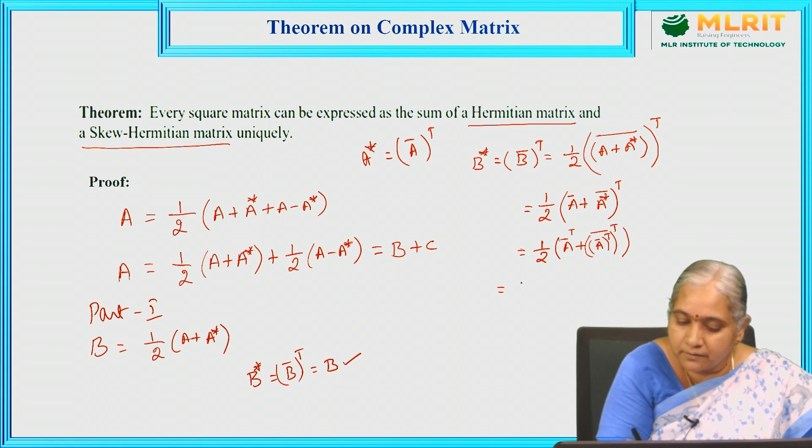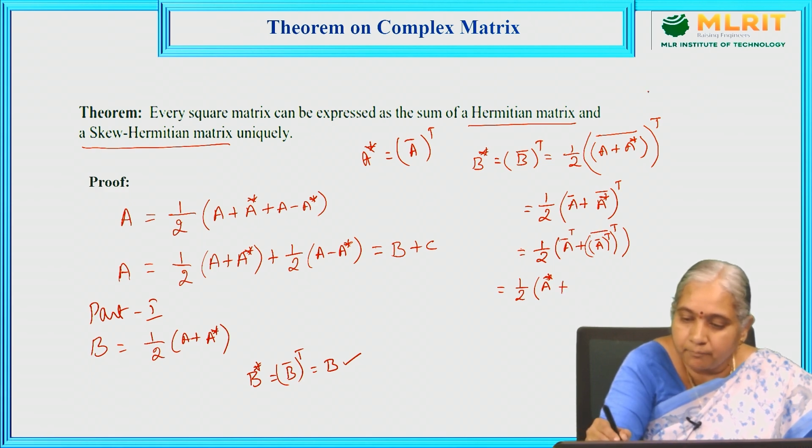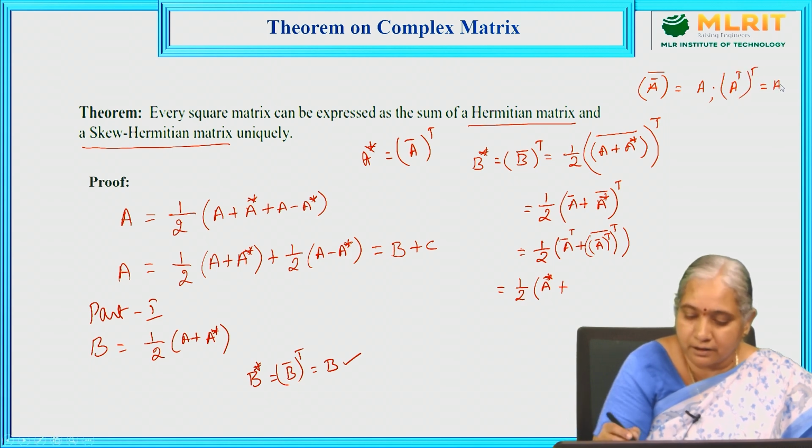So this implies 1/2 into A conjugate transpose is A star, plus A conjugate whole conjugate is A only, and A transpose whole transpose is A. So these are the properties.